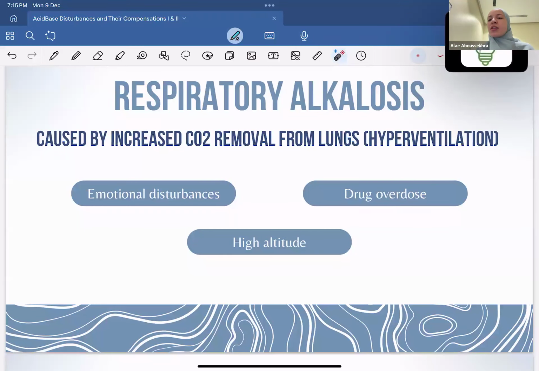This happens in conditions like emotional disturbances, like panic attacks, where you're hyperventilating. Drug overdose can also cause hyperventilation. High altitudes, this happens because in high altitudes, you have a decrease in the partial pressure of oxygen. So your body compensates by making you hyperventilate to get more oxygen in. All of these conditions are causing hyperventilation, basically.